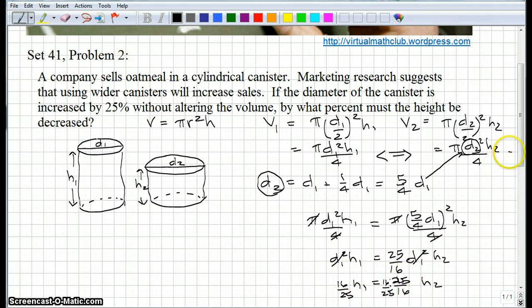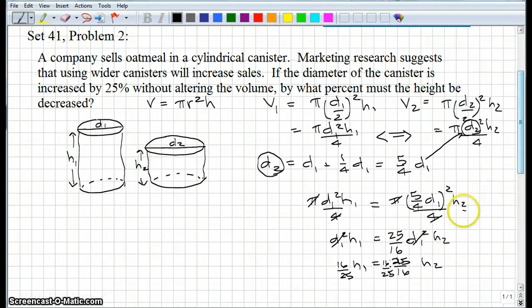The 16/25 times 25/16 is just 1, so that goes away. So now I'm going to write H2 is equal to 16/25 times H1.